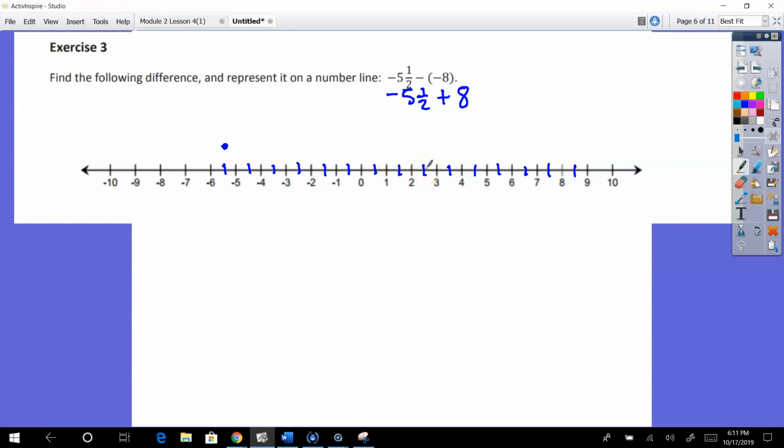So I'm going to 2 1/2. I'm just going to put a dot there so I know where I'm going. So +2 1/2 is the correct answer. Okay, so 2 1/2.